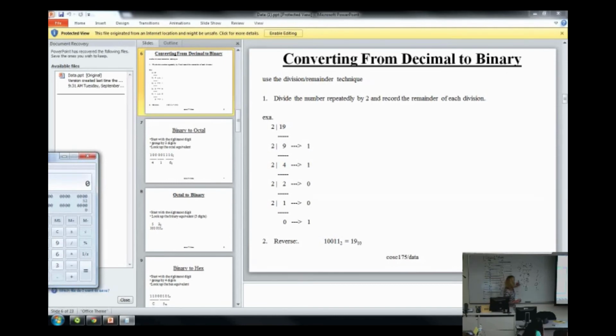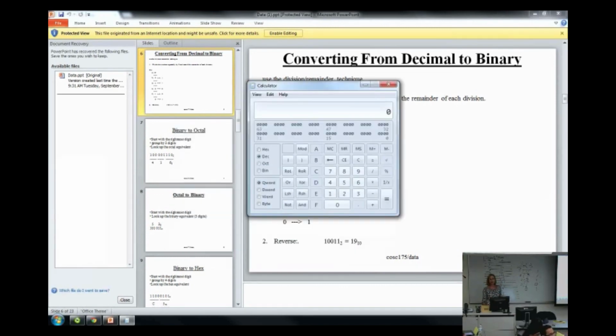I think I'm just writing the answer at the wrong place. No, that's 4 and that's 5. 2 into 11 goes 5 times, remainder 1. 2 into 5 goes 2 times, remainder 1. Okay? I know, it's crazy. Okay, so we'll practice. This is the only hard, tricky one.